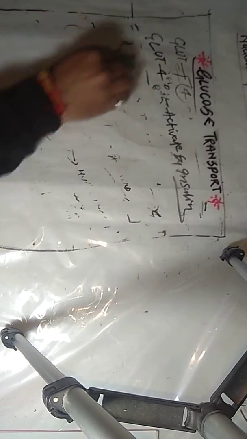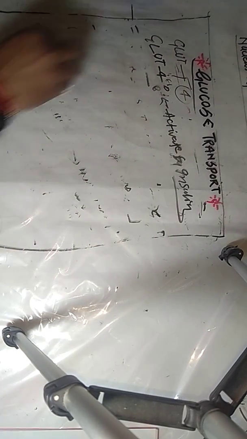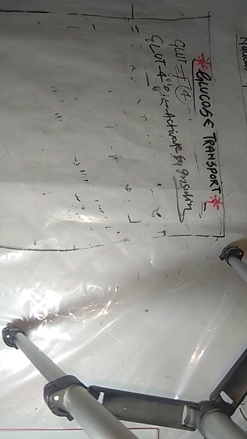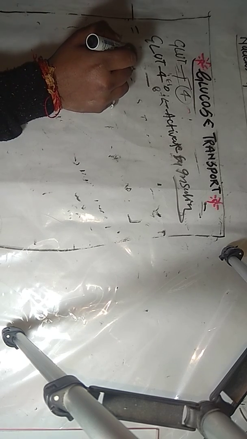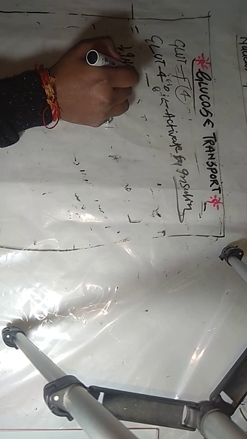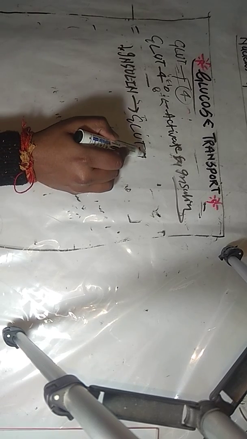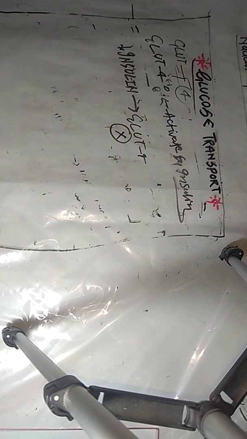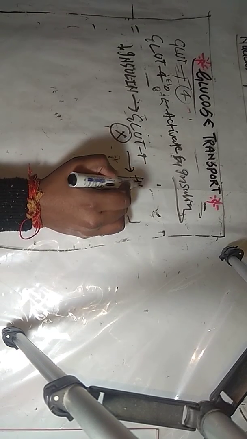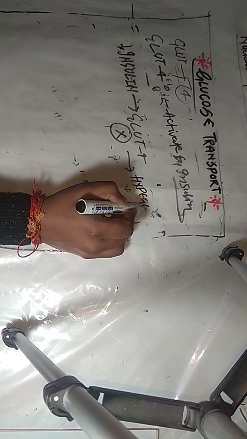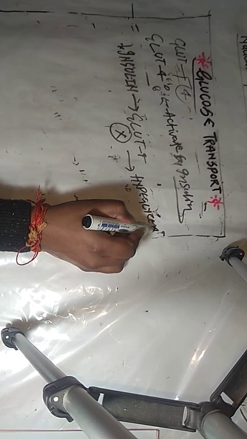In a diabetic patient, there is no insulin or less insulin secretion. Decreased insulin. So GLUT4 is not going to work, right? GLUT4 is not going to activate. So this causes hyperglycemia.